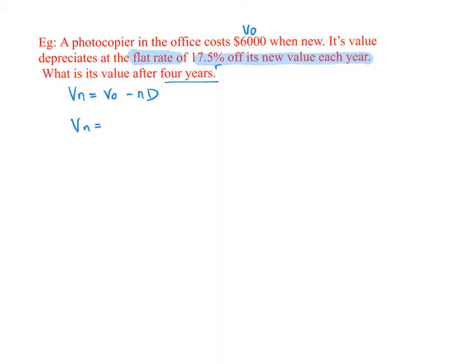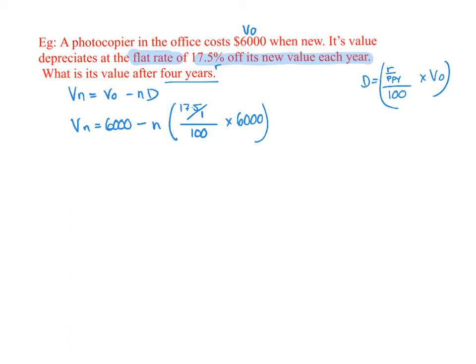So Vn equals V0, which is 6,000, minus n times, and I'm going to work out D. So D is always the rate, 17.5, divided by how many per year, so it's 1 over 100 times 6,000, because that's V0, isn't it? So what I just did there, we're remembering that D is R over PPY over 100 times V0. So this bit here is the D.